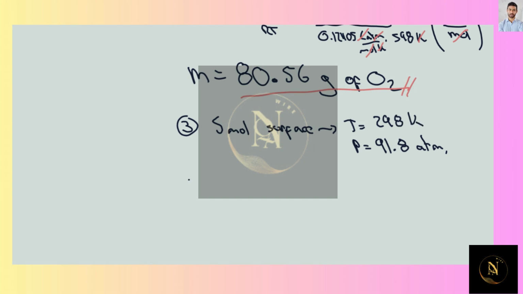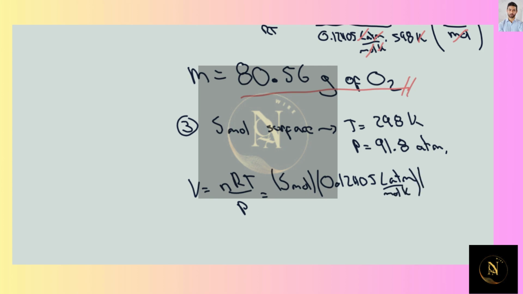So the volume, applying the ideal gas law, would be equal to nRT divided by the pressure. We have 5 moles, the value for R that we calculated, 0.12405 liter atmosphere per mole Kelvin, times the temperature, 298 Kelvin, divided by 91.8 atmospheres.